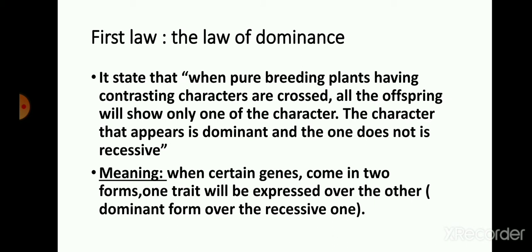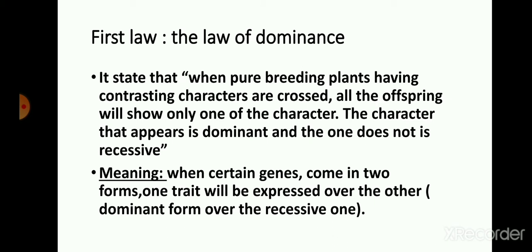So this law says that when we cross pure parental lines, for example, one a tall plant and one a dwarf plant, the offspring show only the character of one plant. This is the dominant, and the character which appears in the F1 generation is dominant in nature, and the one which does not appear is recessive.